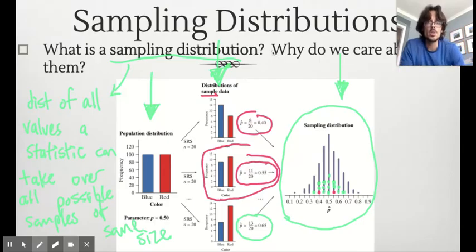It's the distribution of all the different values, and how frequent they are, that a statistic can take over all possible samples of the same size.